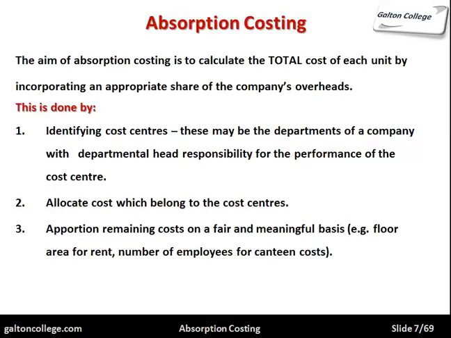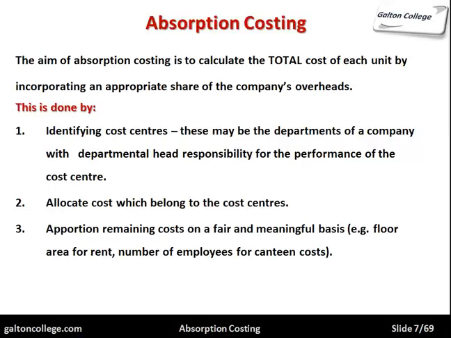It could be done on the basis of the number of employees, but it becomes a little arbitrary sometimes how to apportion particular overheads. So maintenance, for example, is very difficult to apportion. On what basis can it be apportioned? On floor area? There could be an argument made that maintenance is a reflection of the size of the various departments, the amount of maintenance they require.